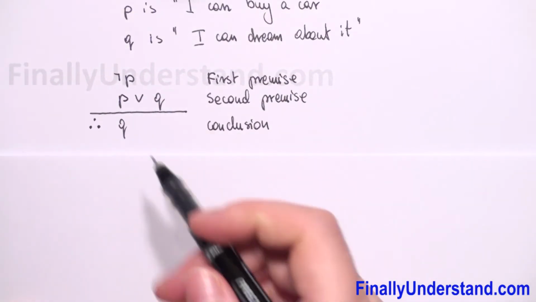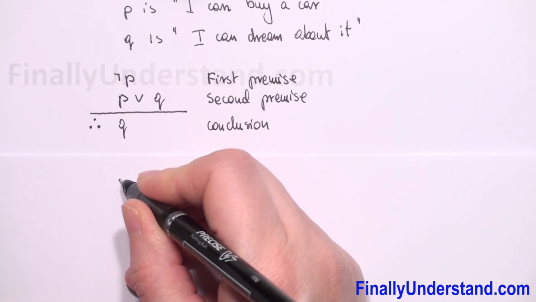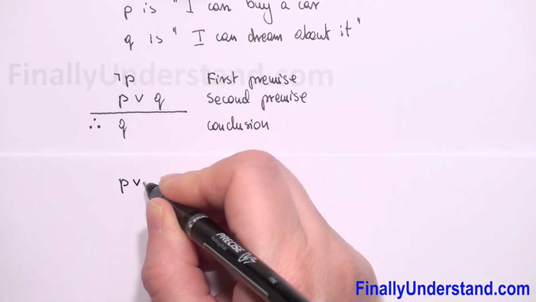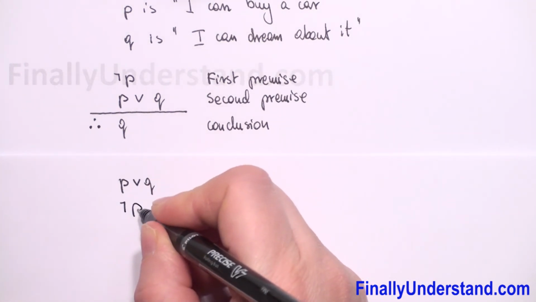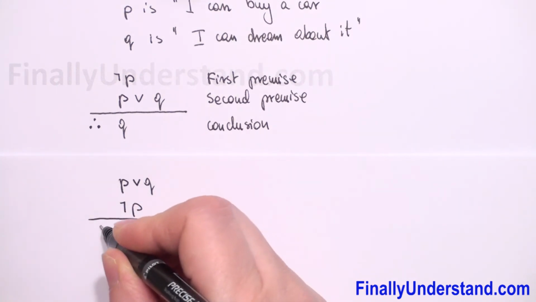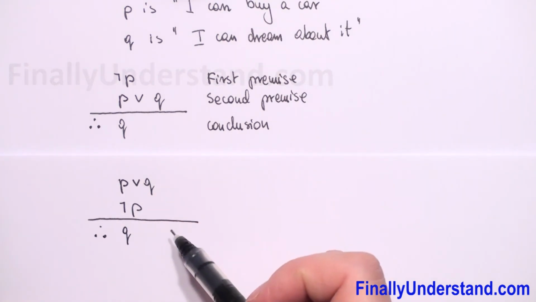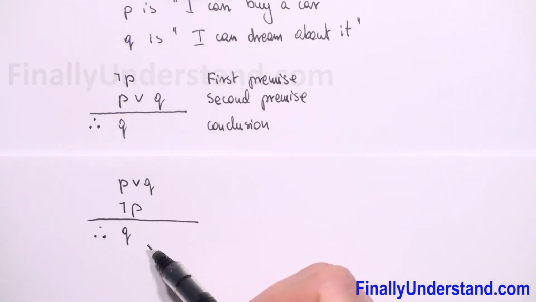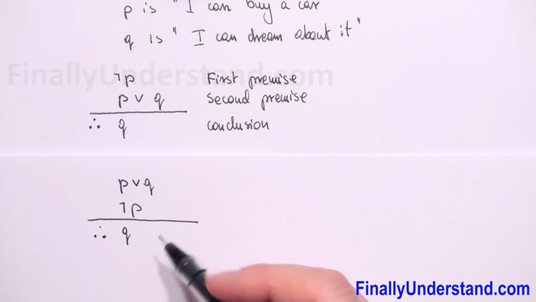We can change the order and we can put first that we have disjunction P or Q. The second premise we can put first, and next we have not P, and we have conclusion Q. So now we see that our symbolic form matches the standard form known as disjunctive syllogism, the standard form of a valid argument.